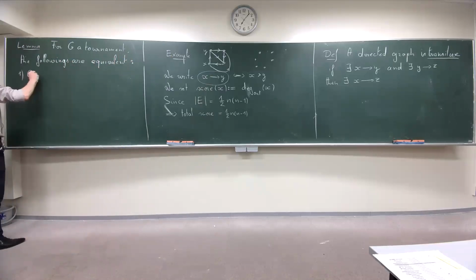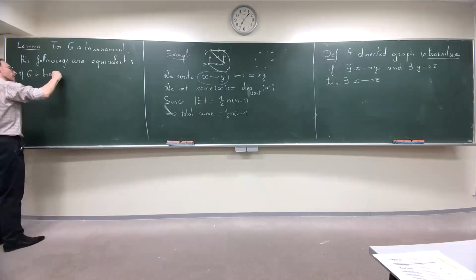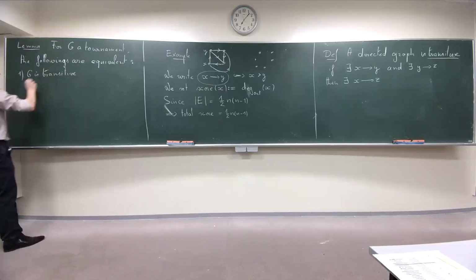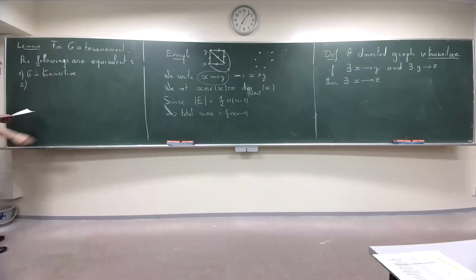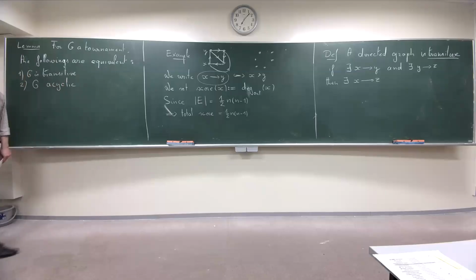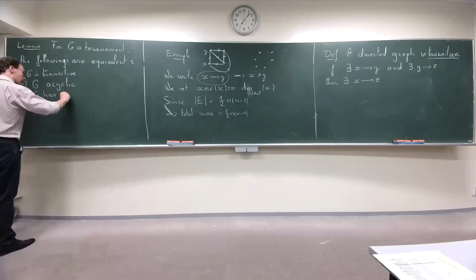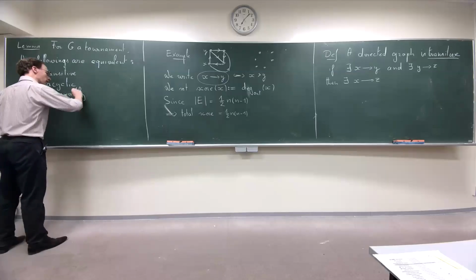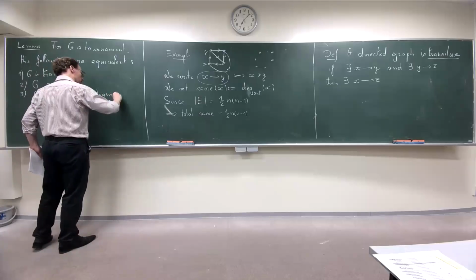First, G is transitive. Second, G is acyclic. You can check that if you have a tournament which is transitive, you cannot have a cycle, but be careful, a cycle with orientation. The third one is G has exactly one Hamiltonian path.